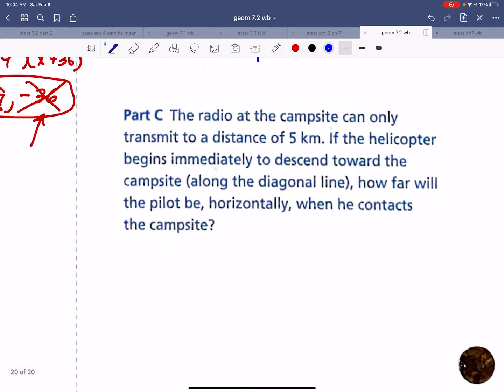Last part, the radio at the campsite can only be transmitted for a distance of 5 kilometers. Okay, so here's my campsite, and this is 5 kilometers, and this is still my helicopter, right? So when my helicopter gets 5 kilometers away, that's when he'll be able to get the signal.